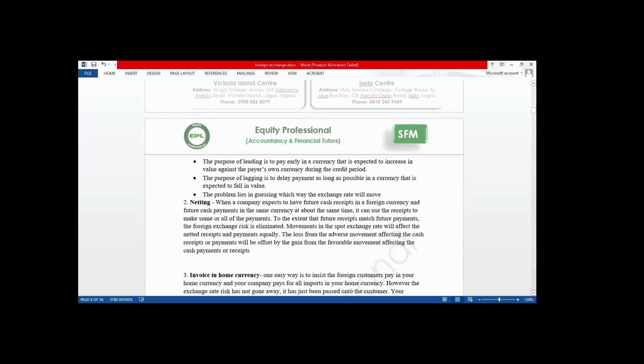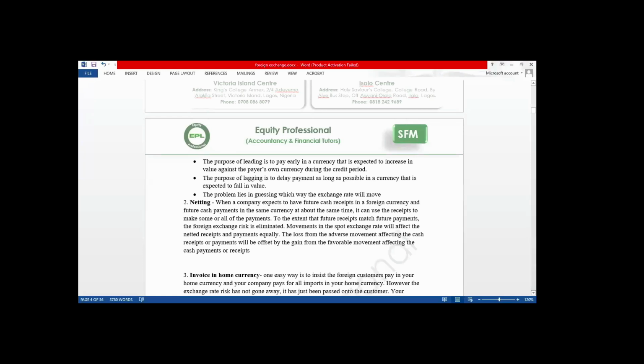Let me explain this again. If you are expected to make payments in foreign currency, at the same time, you are expecting inflows in foreign currency, you can simply use your expected inflows to net off your expected foreign payment.